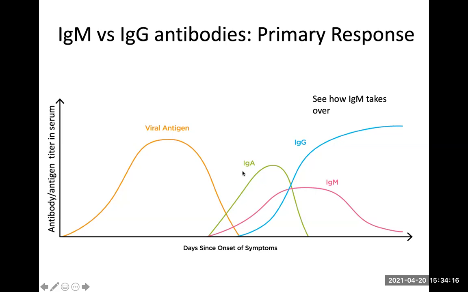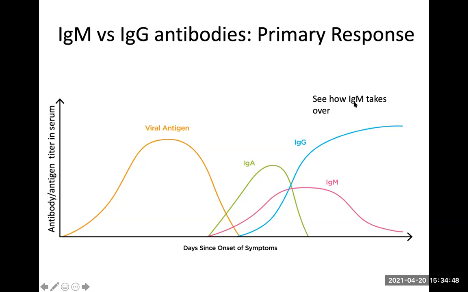You will see an increase in your IgA, assuming that this virus is something like a respiratory or gastrointestinal infection. So it first stimulates your mucosa, and then you get your IgM, those pentamers. And then, as I told you, IgG will eventually take over, and it gets made to a much higher level than any of the other antibodies. Remember, IgG is a monomer, IgM is the pentamer.